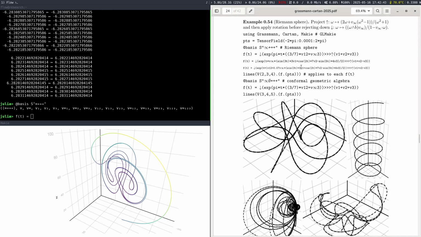Okay, let's pull up this formula. Where was this?